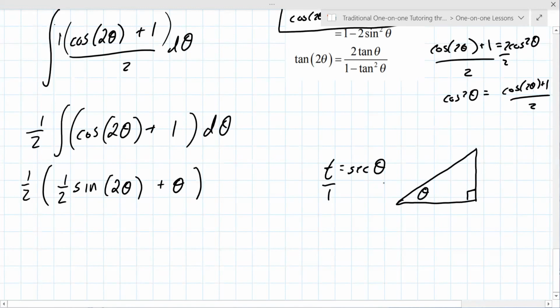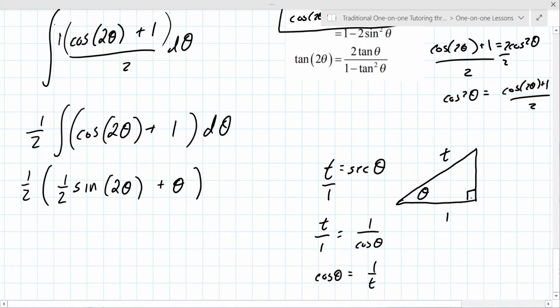Secant of theta is the reciprocal of cosine. So if this were cosine, it would be t over 1, but since it's secant, you have to flip those and put t up top and 1 on the bottom. If that's not clear, it's t over 1 equals 1 over cosine theta. If you solve for cosine theta, you get 1 over t, which is how this worked.